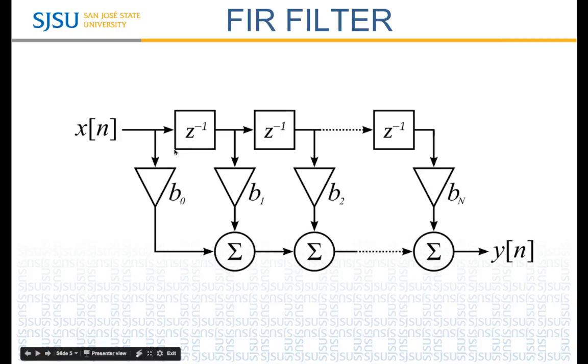This is the basic general block diagram of an FIR filter, where Xn is the input signal to the FIR filter, the Z inverse shows the delay in the input signal, and each delayed sample is multiplied by the coefficients B. Sigma shows the addition, so the past as well as present signals are added, and we get the final output as y of n.